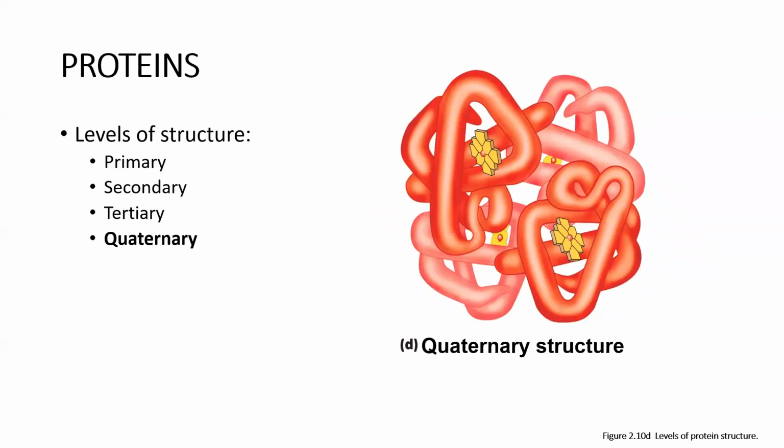And then the most complex level is going to be the quaternary structure of the protein. And so the quaternary structure is where we have, as you would imagine, different tertiary structures coming together to give us an even more complex quaternary structure. And can anyone identify this quaternary example? Can anyone identify what this structure is? Okay, maybe not.